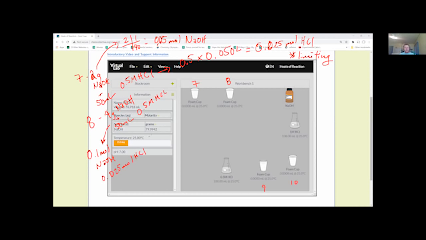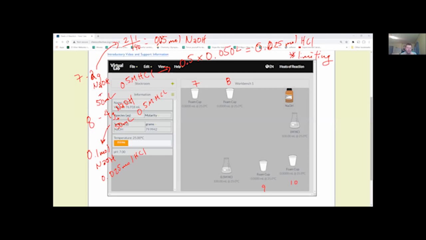Okay, so in trials 7 and 8, in both cases, HCl is going to be limiting, and all that we're doing is increasing the amount of sodium hydroxide between the two of them. All right, so HCl is going to be limiting in both cases, but let's think about this.